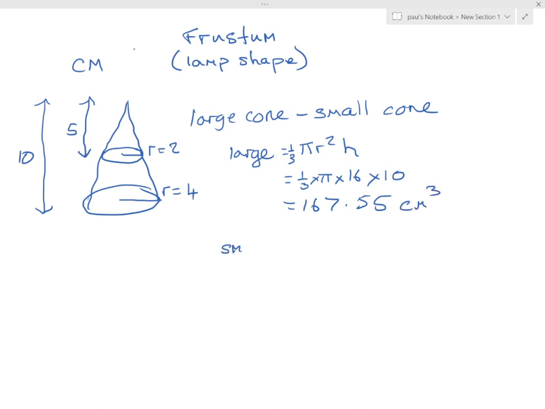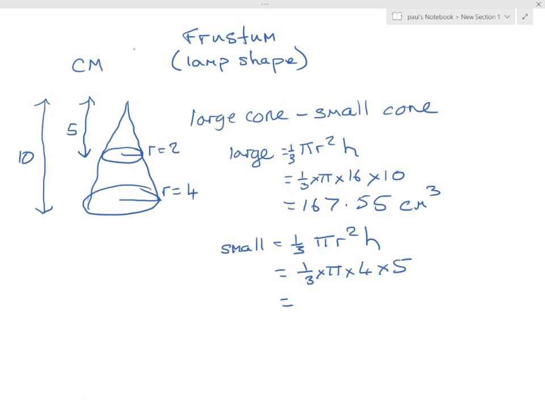And the small one at the top, exactly the same formula: 1/3 pi r squared times height equals 1/3 times pi times r squared. Now 2 twos are 4, and the height is only 5.